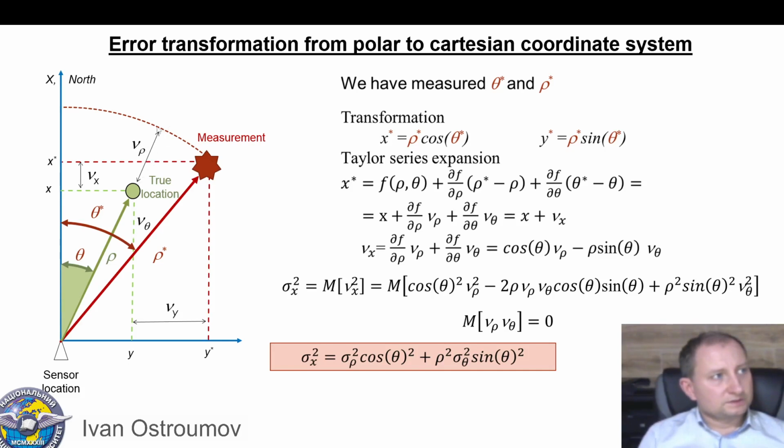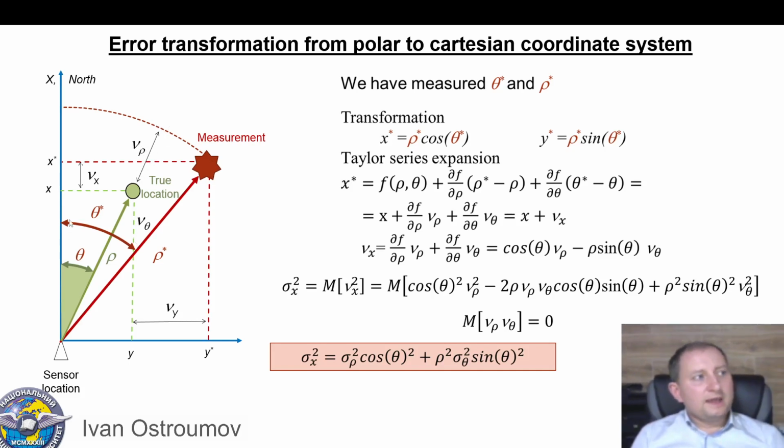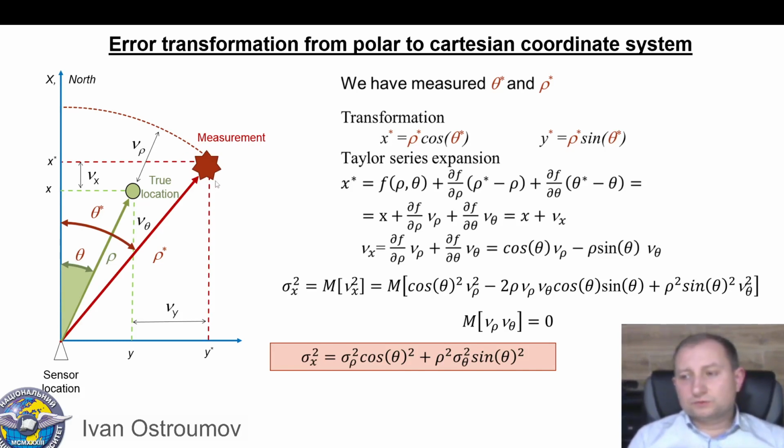And in angular measuring, this error, it will be eta theta. Finally, after the measuring, these errors will be added to the true location, and we've got measured location of our object. And let it be located somewhere here where I marked as a red star.